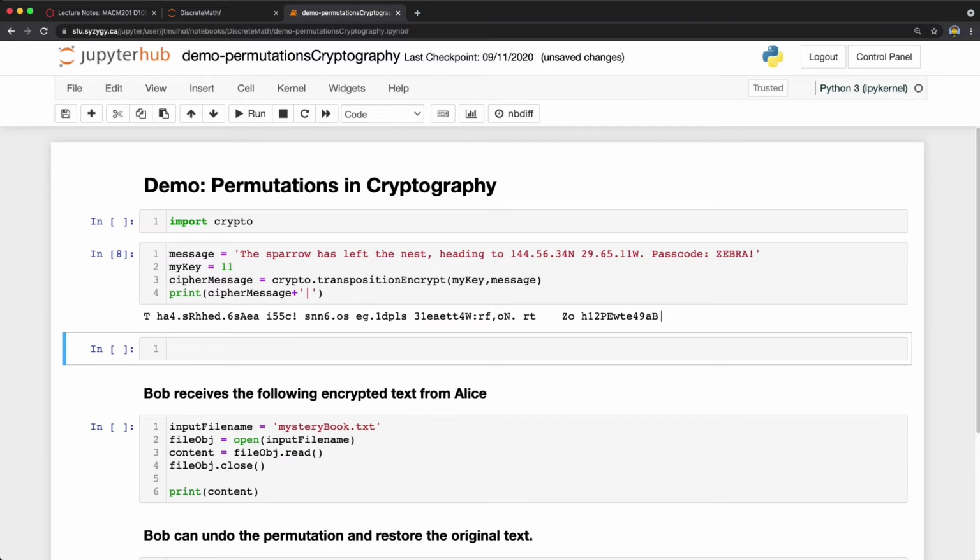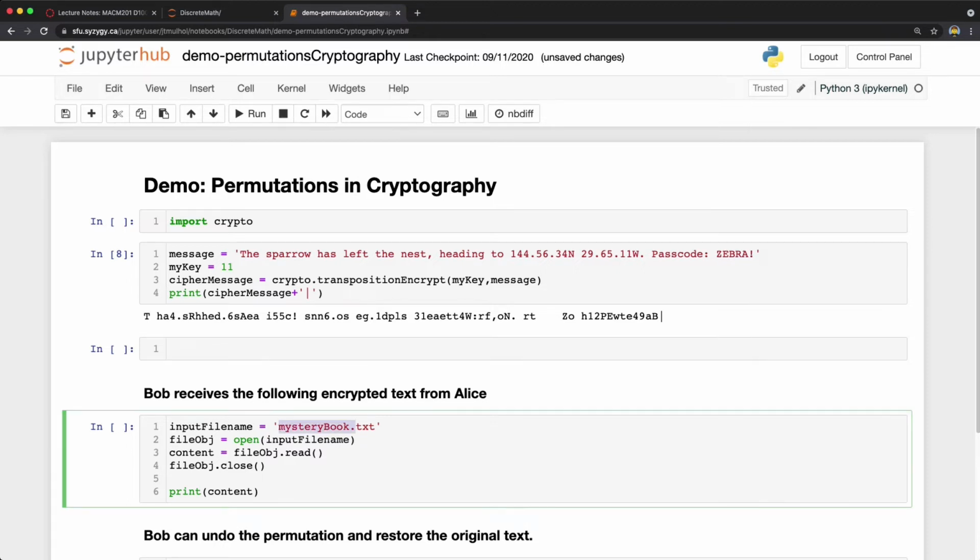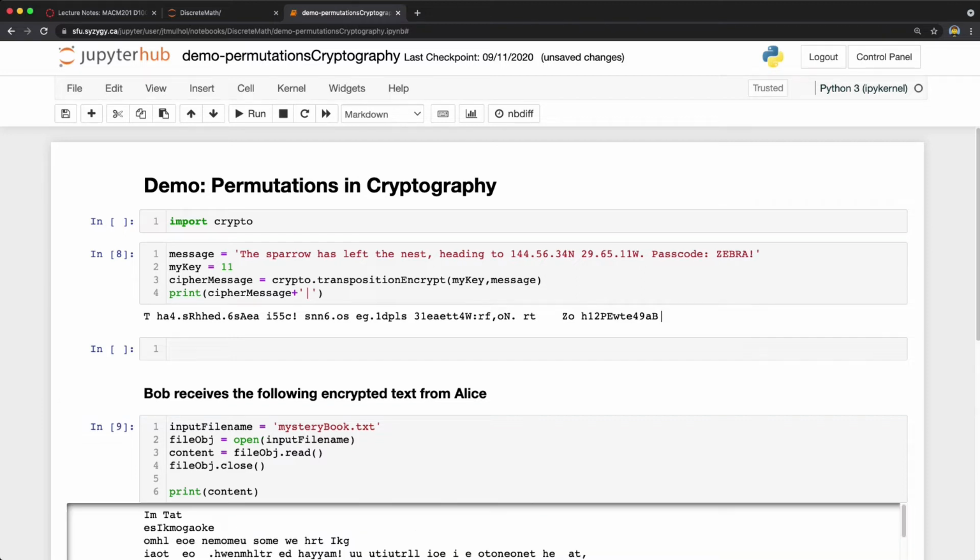So let's say, for example, that Bob receives the following encrypted text from Alice. I've got this mysterybook.txt file, and what I'm going to do is read it in and do a permutation on the text as one long string. And so there it is.